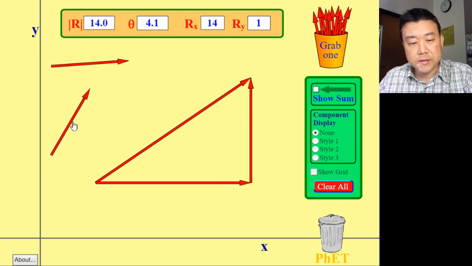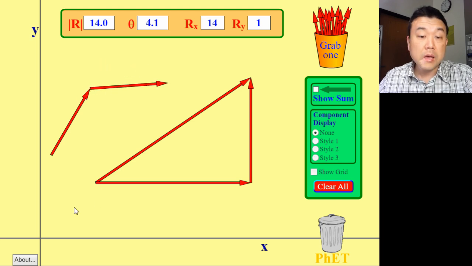Then to add these two vectors means you apply this change first, and from the place where you ended, you apply the second change. Sometimes this is called a head to tail method because of what it looks like. You are putting the head of the arrow to the tail of the next arrow.